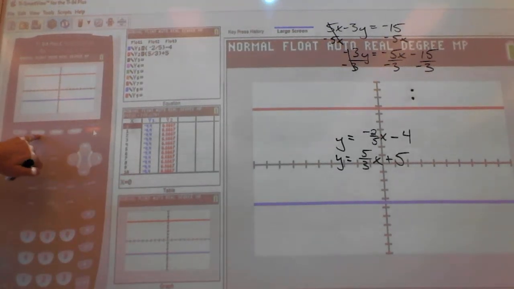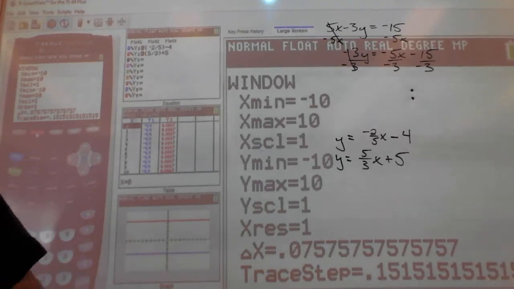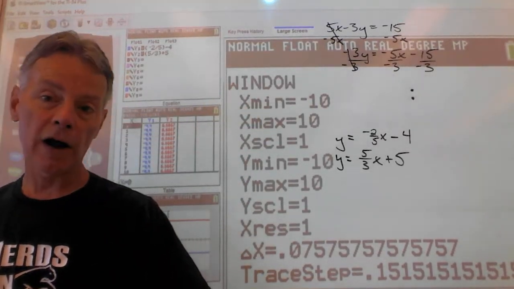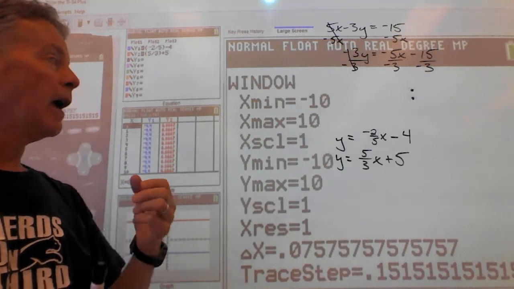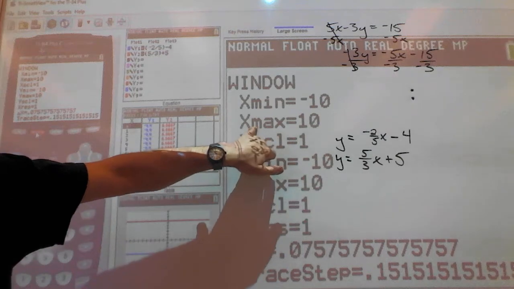That's where this key right up here called the window key comes in. If you press the window key, it will say, how would you like to change the way that your graph appears? And what we said was, we want to extend our x-axis.